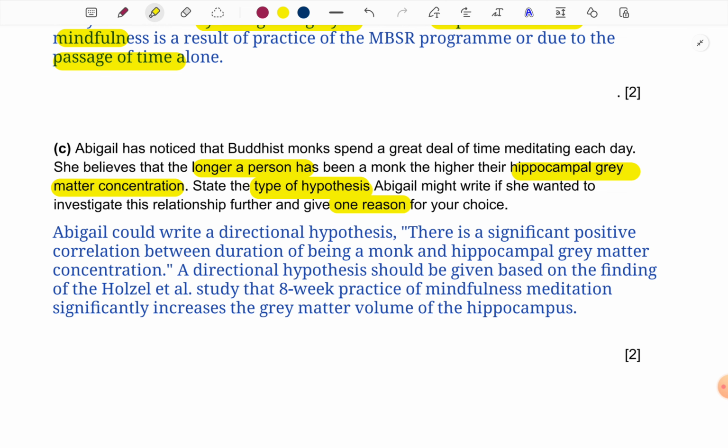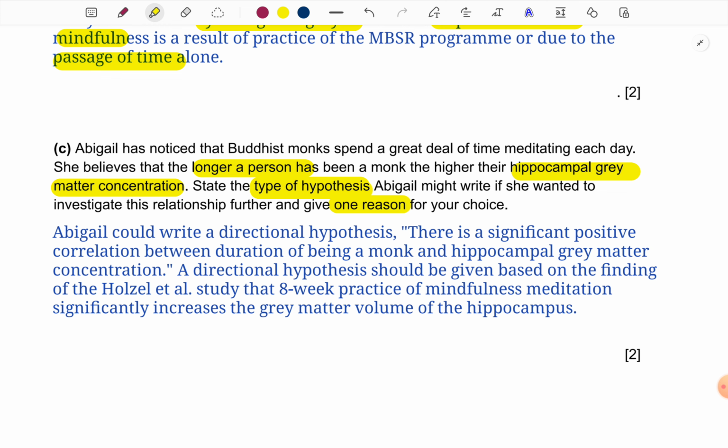So any study which has a significant finding, we can use that as a justification for why we are proposing something. To make it less ambiguous, in this study, Holzel et al., what we have seen is a definitive result that practicing of mindfulness does result in an increase in the hippocampus and 3 other areas of the brain.